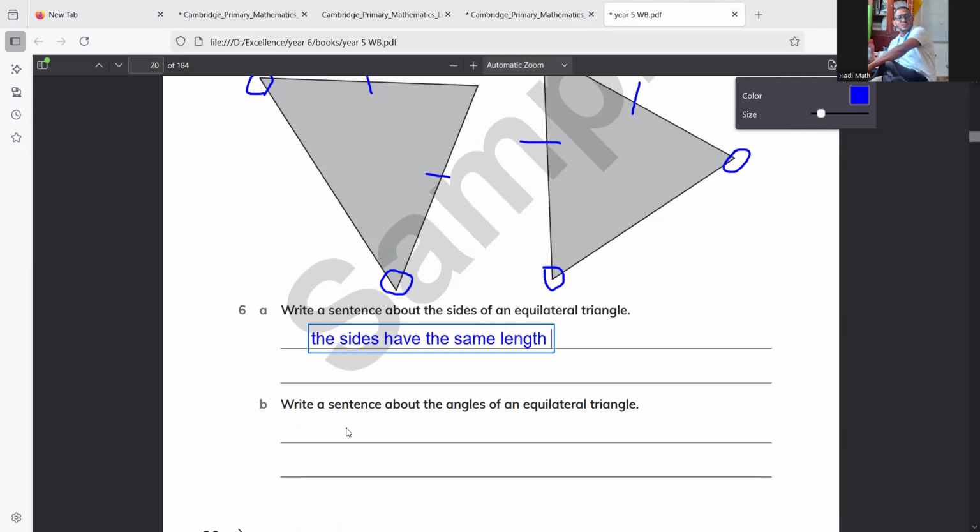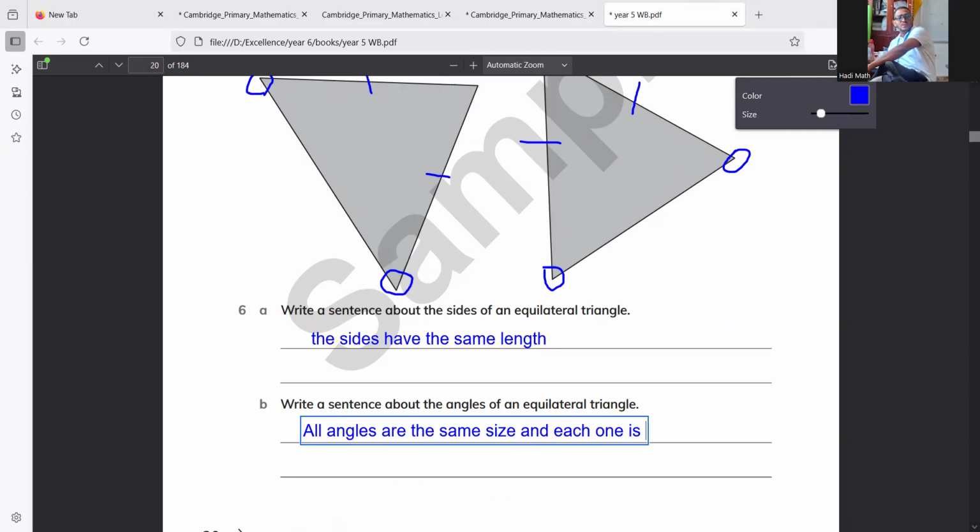Write a sentence about the angles of an equilateral triangle. Say all angles are the same size, and each one is 60 degrees.